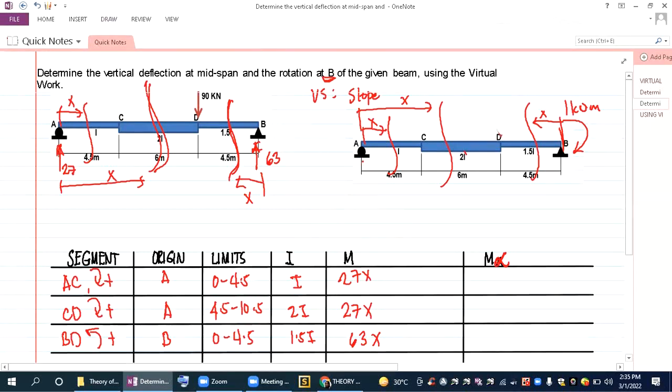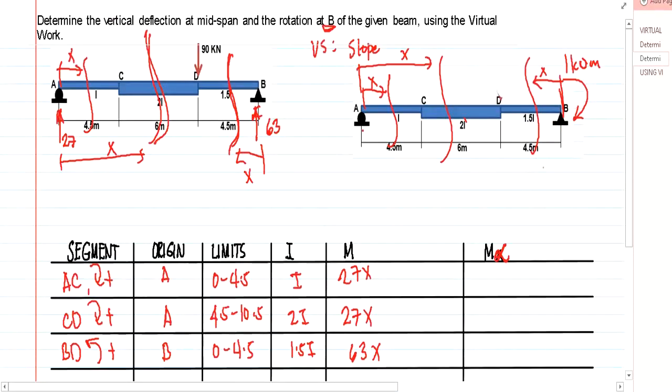Okay, so ano yung reaction natin sa A in our virtual for the slope? Reaction sa A and B. Okay? Reaction sa B, pataas, 1/15. Kindly check. And yung reaction natin sa A, we have 1/15. Okay?